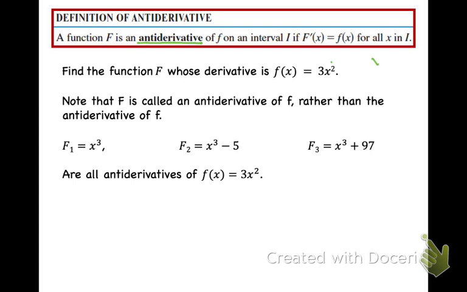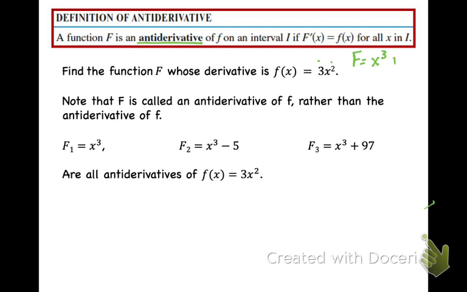It was a 3, so we had x cubed, yes? So we multiplied the front by 3. So what was there? 1. So F then just equals x cubed, plus or minus anything. And you're right, plus or minus anything.